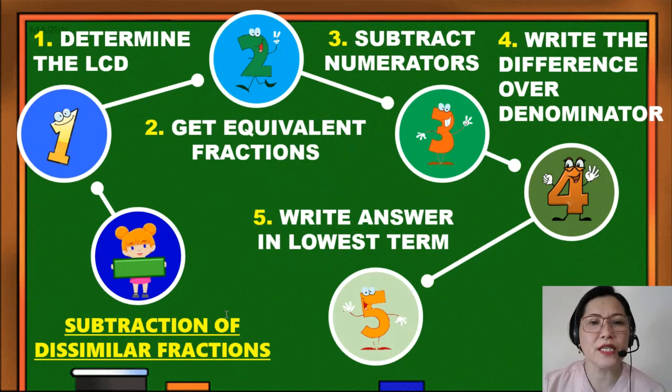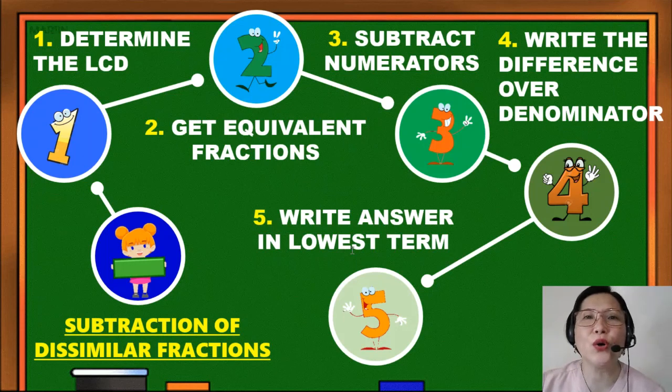It's very easy. All you need to do is not forget to determine the LCD to get the equivalent fractions. And from there, when they're already similar fractions, it's very easy now to subtract them. And never forget to write your answer in lowest term.